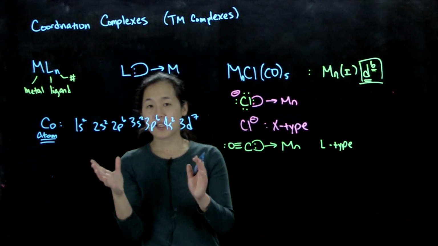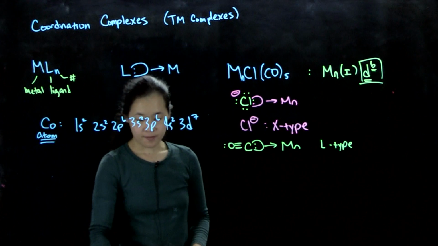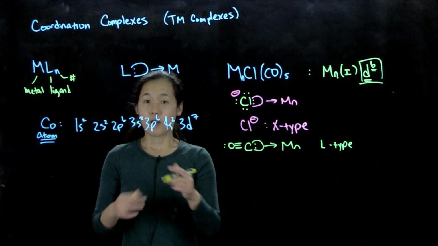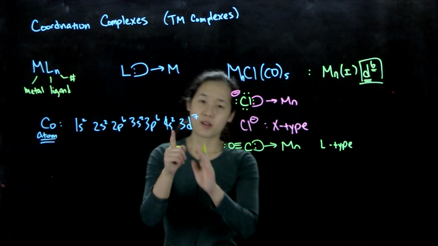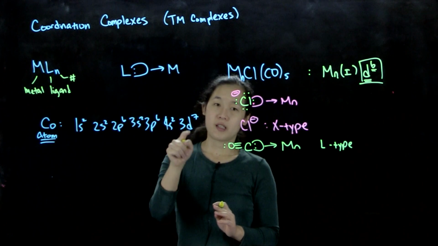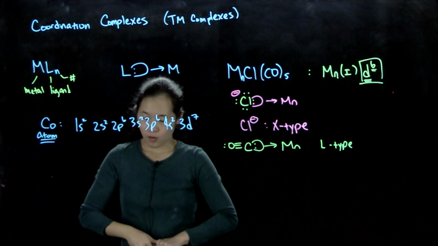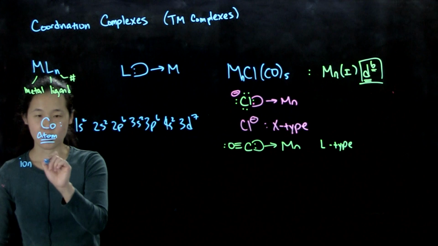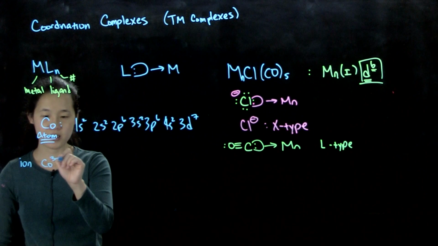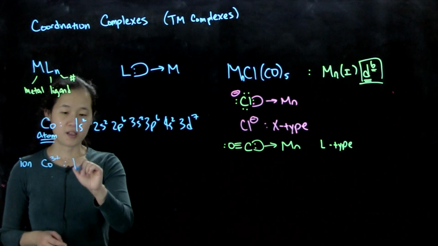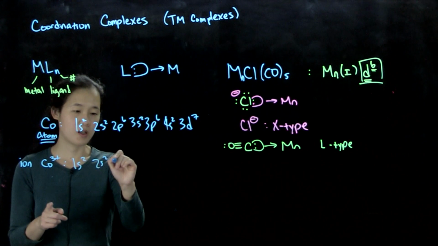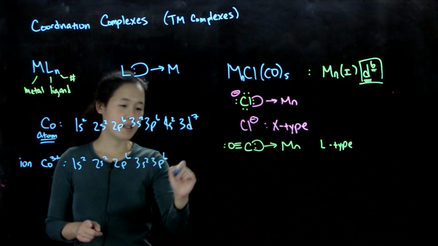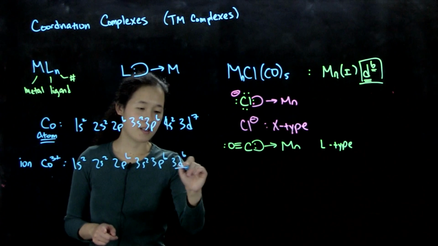But when we start thinking about metal complexes, we will think of it as when you start binding the cobalt atoms, the s orbitals are no longer lower in energy than the d orbitals. So if we start oxidizing this, let's say we have cobalt 3+, then the configuration will be 1s2, 2s2, 2p6, 3s2, 3p6, 3d6.